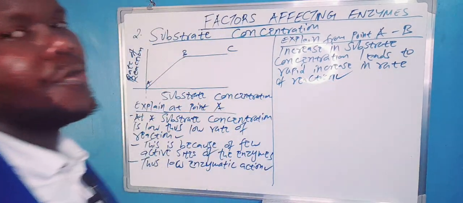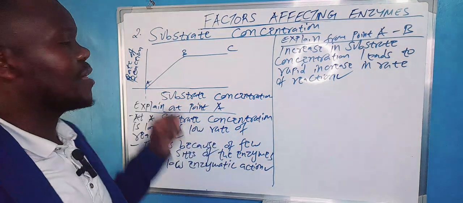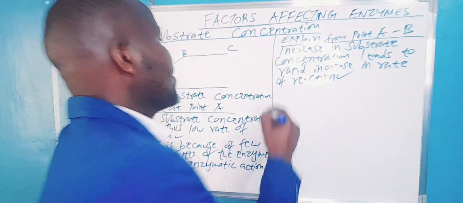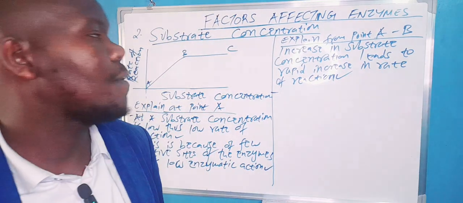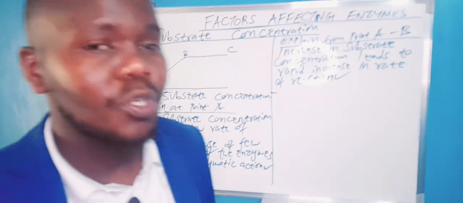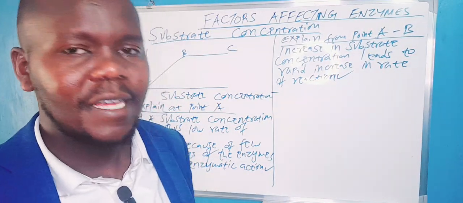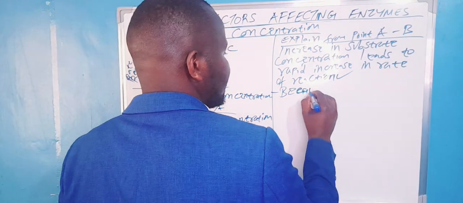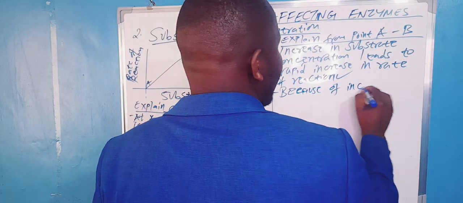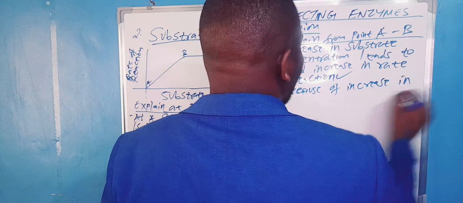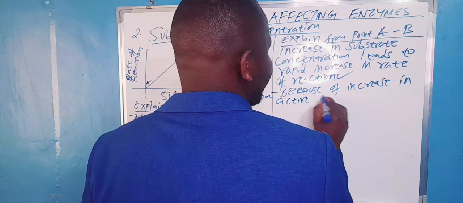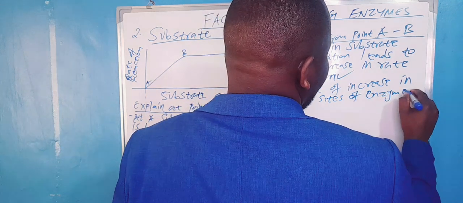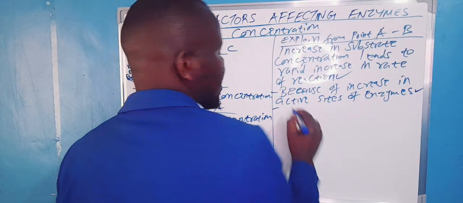You get your mark. As you increase this one, the other one increases. What is it increasing? Rate of reaction, and it's increasing rapidly. Then the second mark will be the reason: because of the increase in active sites of enzymes, you get your second mark.